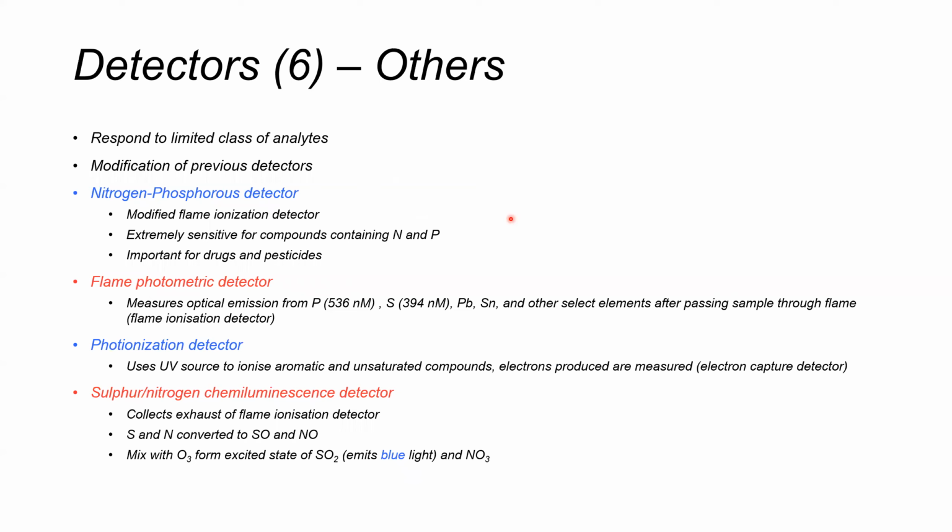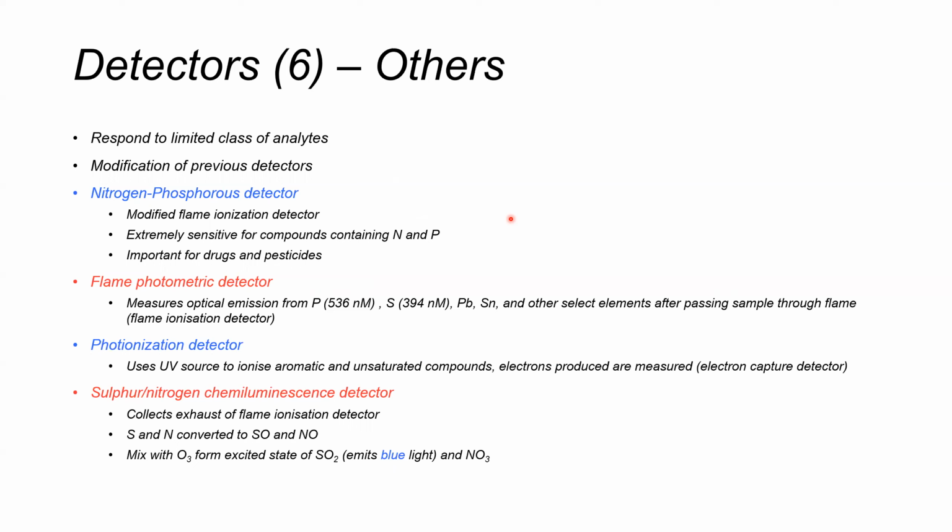And so these are the kind of modifications that you might get in law enforcement, especially. Whereas the flame ionization detector was sensitive to hydrocarbons predominantly, by changing this for an NPD, you are able to detect with high sensitivity nitrogen and phosphorus in compounds.